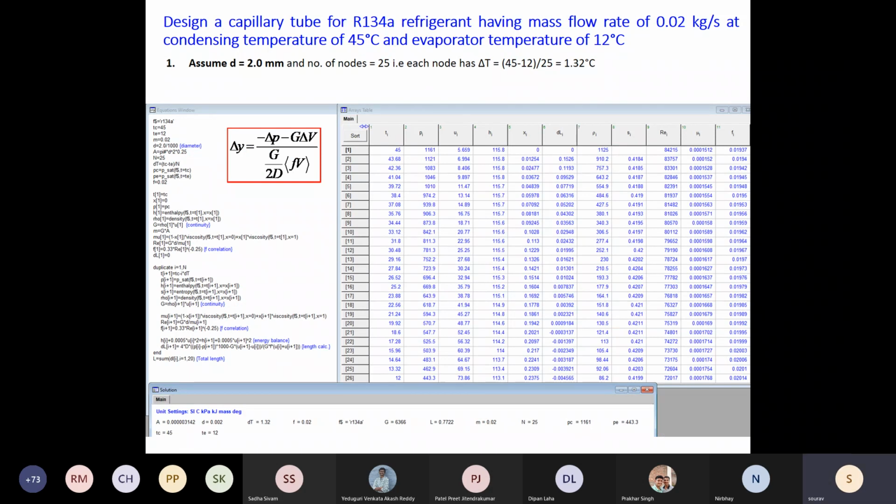Any questions? So I have just tried to explain to you the logic behind the sizing. I have not gone through the rigorous mathematics because I have assumed that you have gone through the fluid mechanics subject, heat transfer. You would have done such problems where you divide your entire volume into small control volumes and apply energy balance, momentum balance, continuity, and solve the equation.